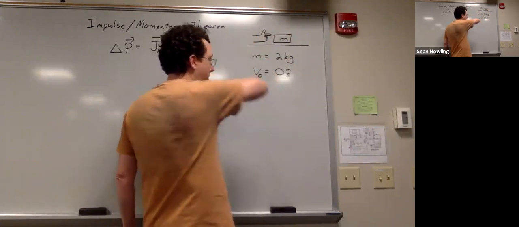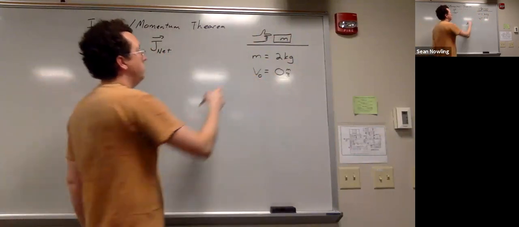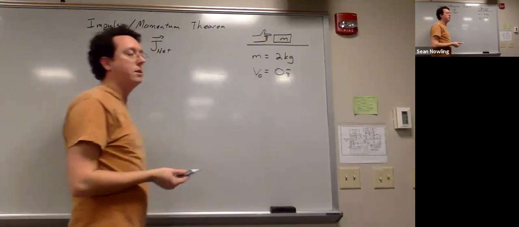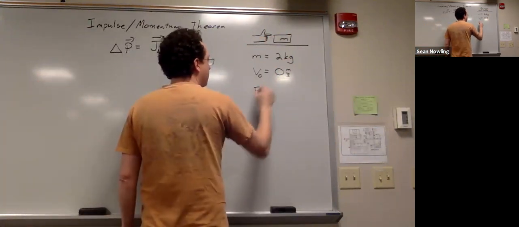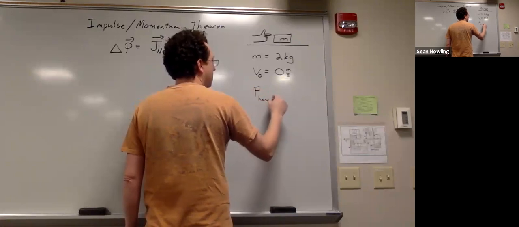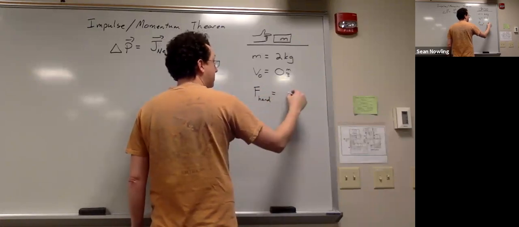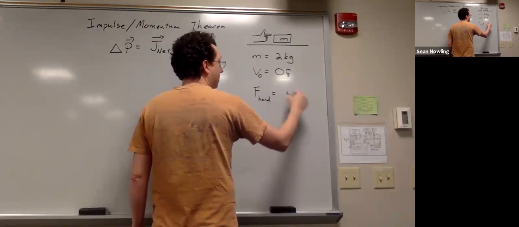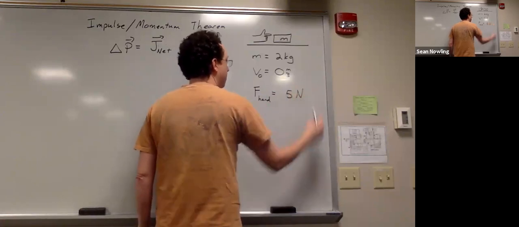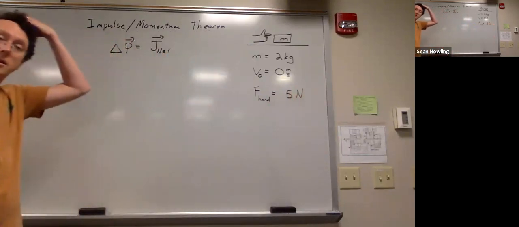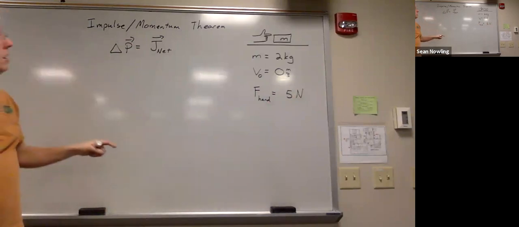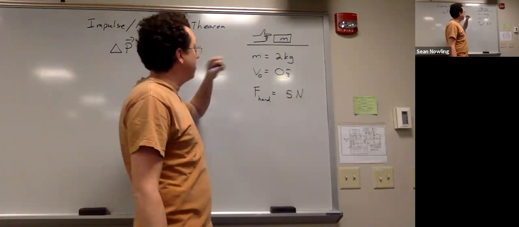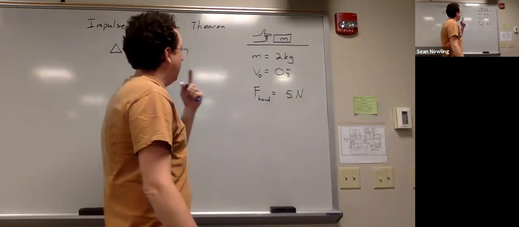And finally, we're going to assume that the hand applies a force equal to, let's just make up a number, let's say that the force from the hand equals, I don't know, 5 newtons. Okay. Now, there are a couple ways we could go from here.